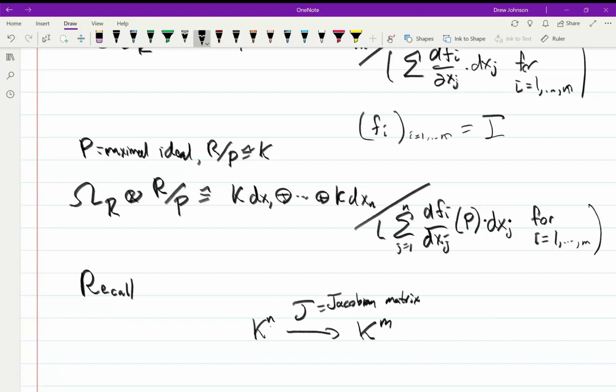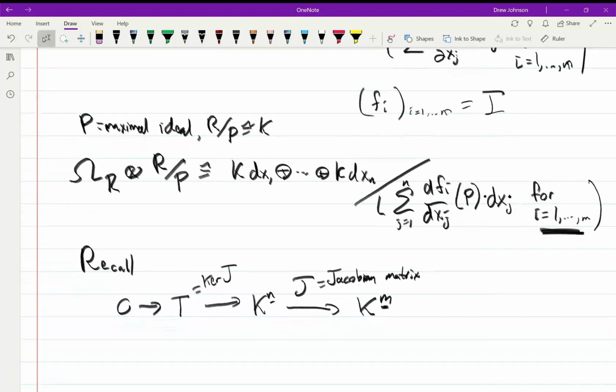So this n here corresponds to x1 through xn, the coordinates on our space, and this m corresponds to the number of generators of our ideal. So we had a map here, and we observed back in that chapter that the tangent space was exactly the kernel of this map. Okay, so you can look back at that proof if you don't remember that.